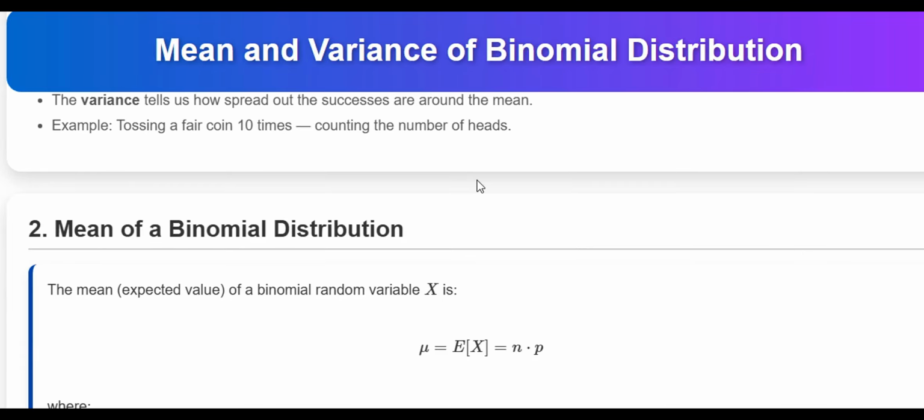The mean, mu, is given by E(x), the expected value of x, which is n multiplied by p, where n is the total number of trials and p is the probability of success. If you don't know what n and p actually mean, you can review lesson 9, then come back to this one.